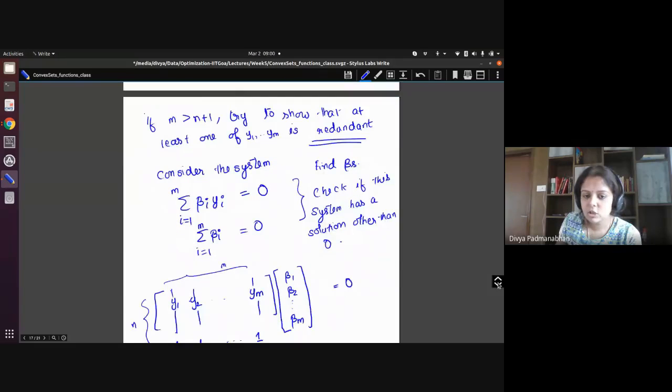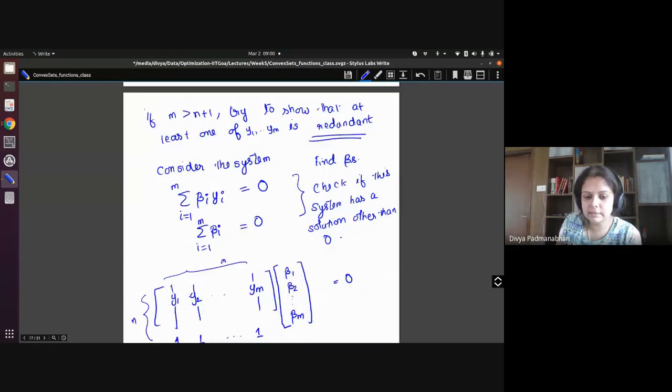So now you can in turn write this in the matrix form, where the y's are all in n dimensions. Okay, and you have n of these, and you remember the linear combinations, right? You take beta 1 times y1, beta 2 times y2, and so on, plus beta m times ym, that should give you 0.